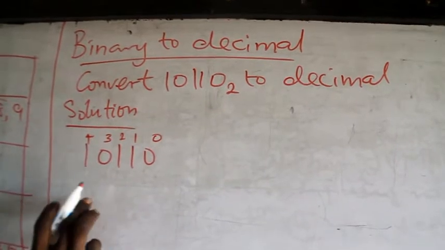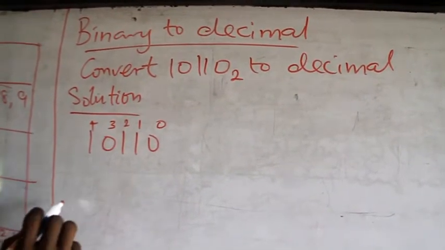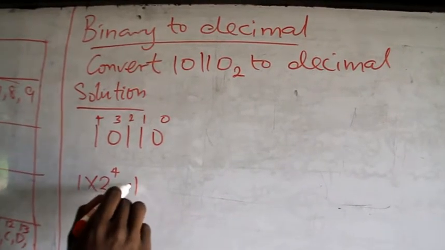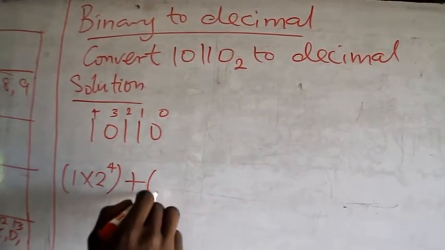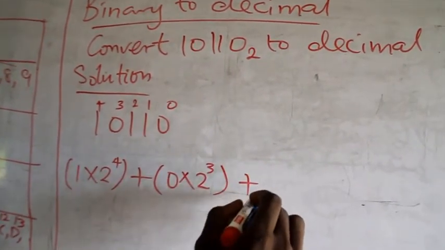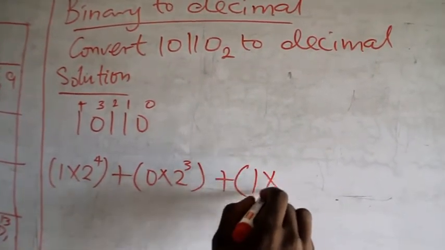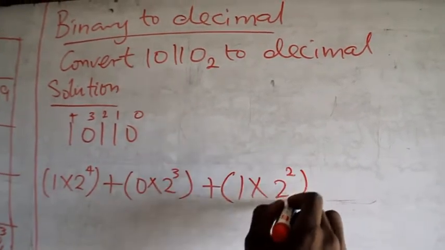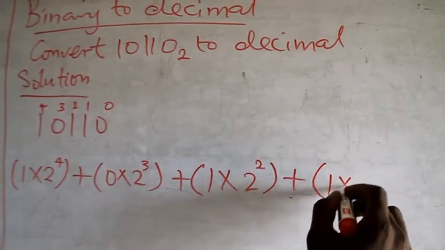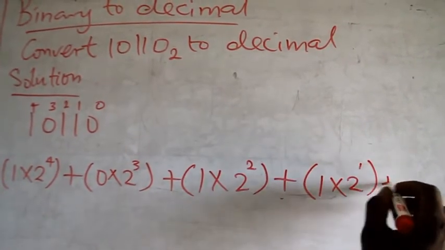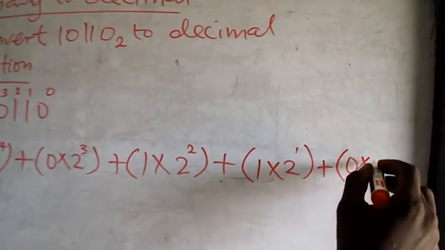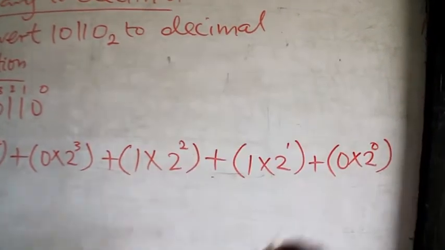So how do we do that? The first one we have here is 1, so that will be 1 times 2 raised to power 4. Plus, put that into brackets, 0 times 2 raised to power 3, plus 1 times 2 raised to power 2, plus 1 times 2 raised to power 1, plus 0 times 2 raised to power 0.